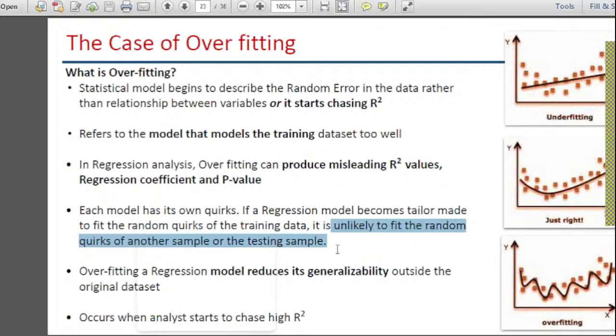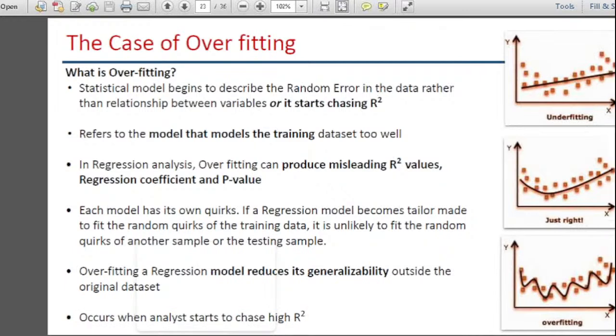Now, when fresh data comes in and I want to test the model, it will fail because I have tried to overfit. I have not focused on the generalizability of the model. Overfitting a regression model reduces the generalizability outside the original data set. It occurs when analysts start chasing high R square.